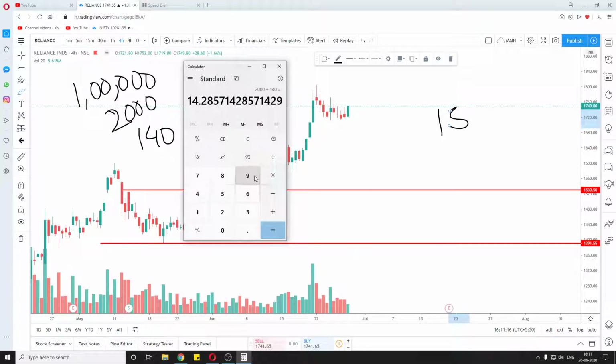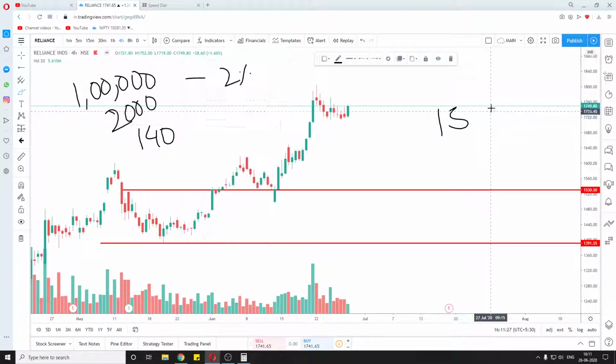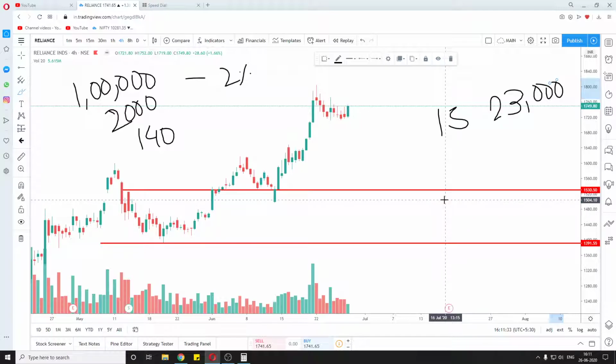If we buy 15 quantity at 1530, that becomes about 23,000. So in this trade we can only buy a quantity worth 23,000 while we have 1 lakh capital. So this is how we manage the risk.